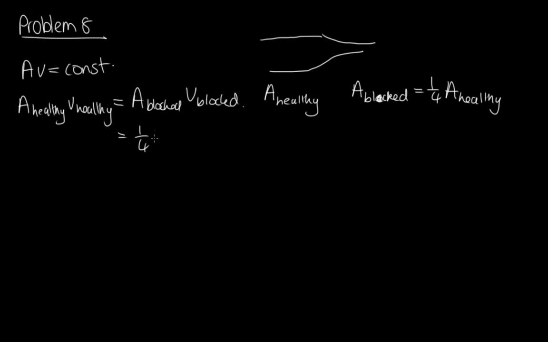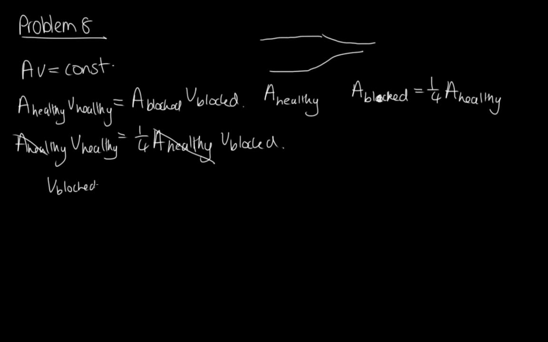So this is a quarter A healthy V blocked equals A healthy V healthy. So you can see this A healthy occurs on both sides, so it's a common factor and cancels out. And so V blocked, just rearranging this, is equal to 4 times V healthy. So the blood has to flow 4 times as quickly through this blocked part.